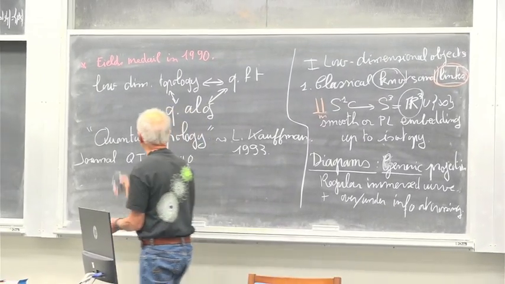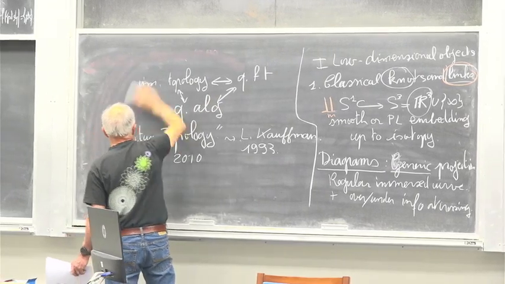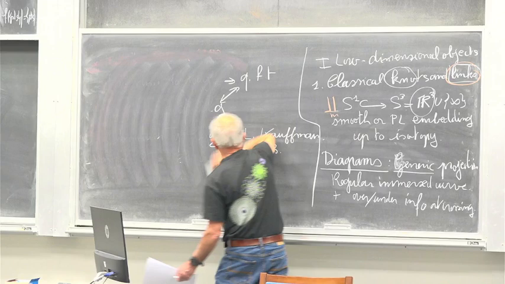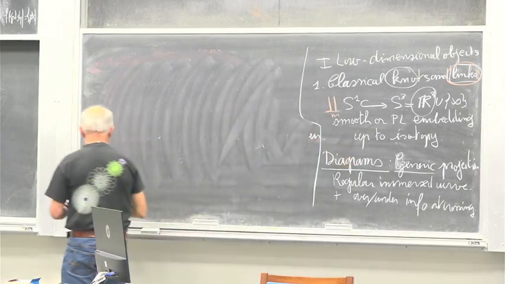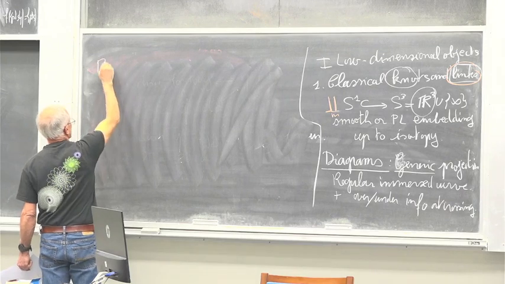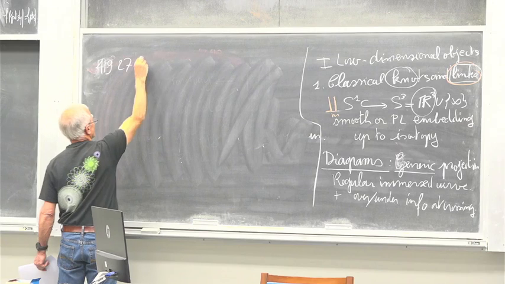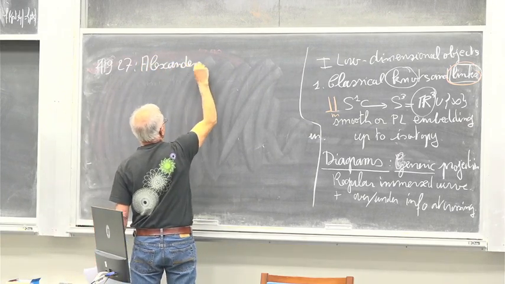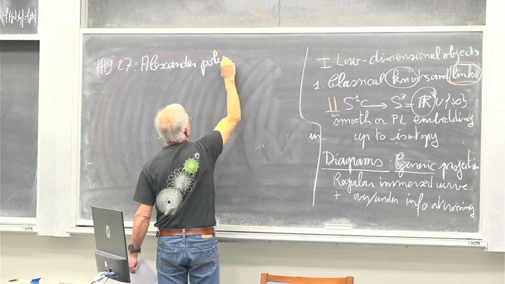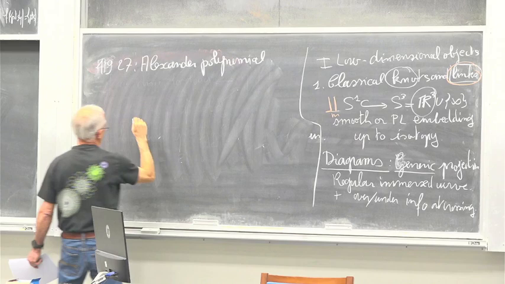In fact, you have the Alexander polynomial, 1927.